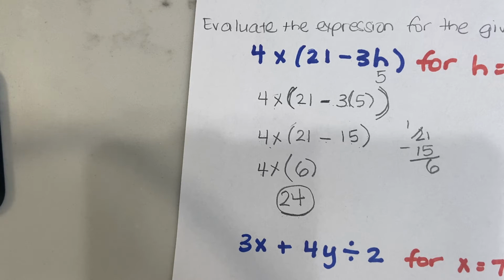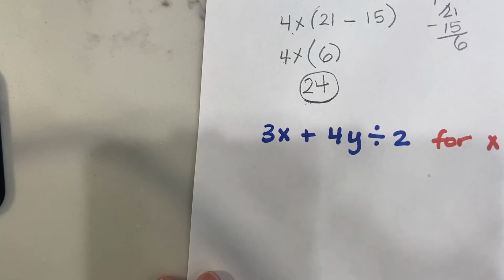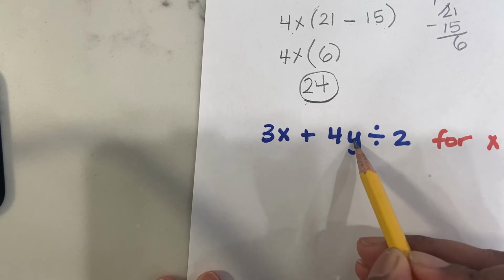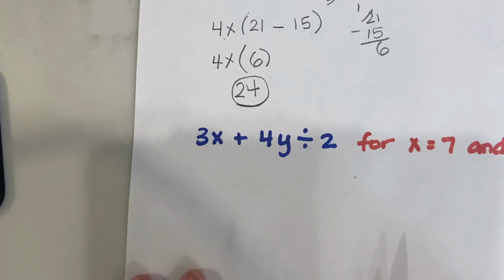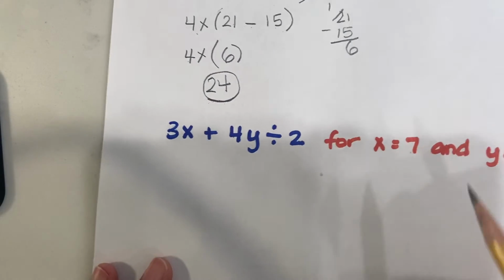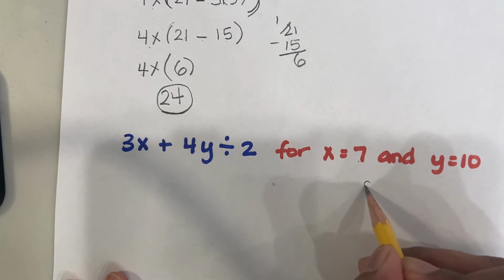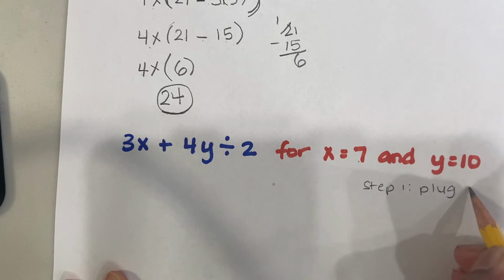Okay, let's try one more. So here I have the expression 3x plus 4y divided by 2, okay? And then it has x equals 7 and y equals 10. So the first thing you want to do is step 1.